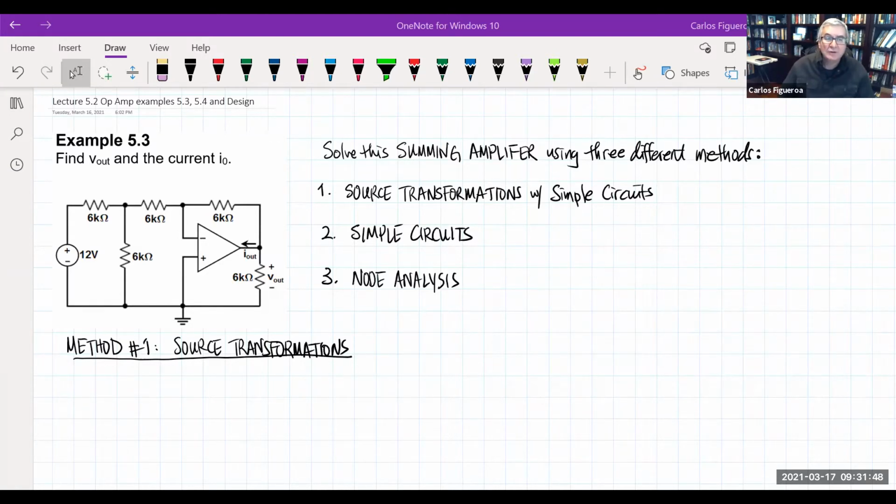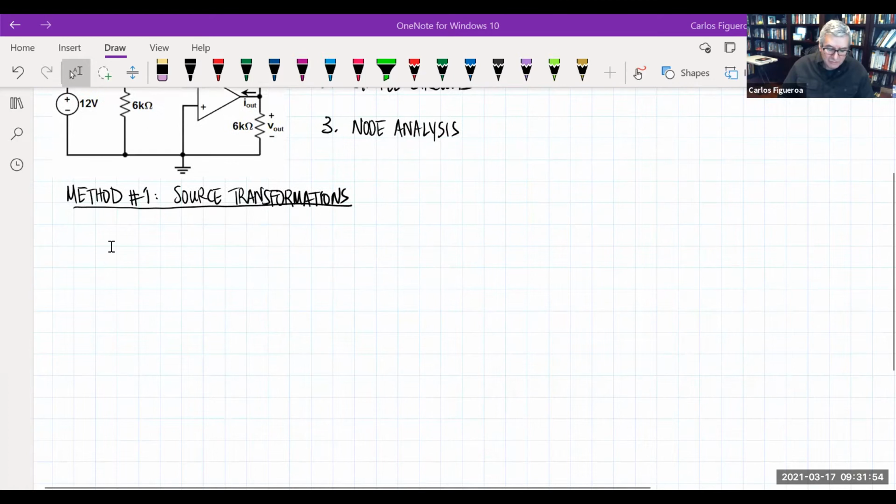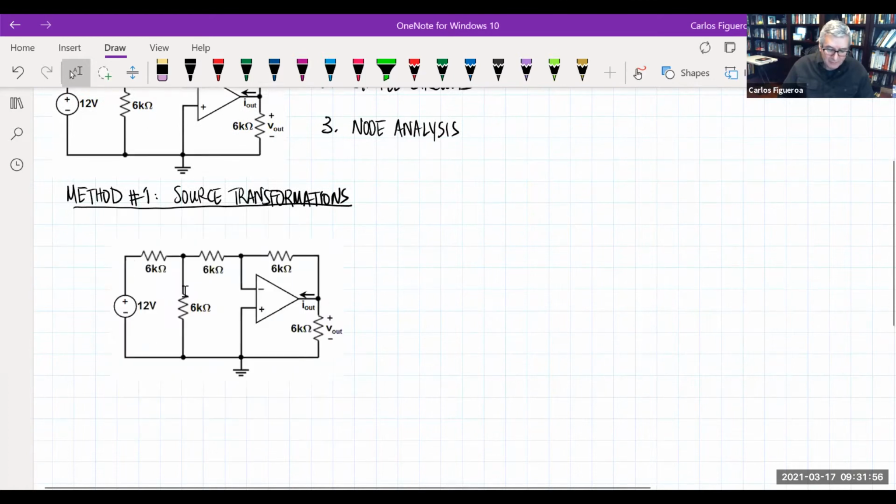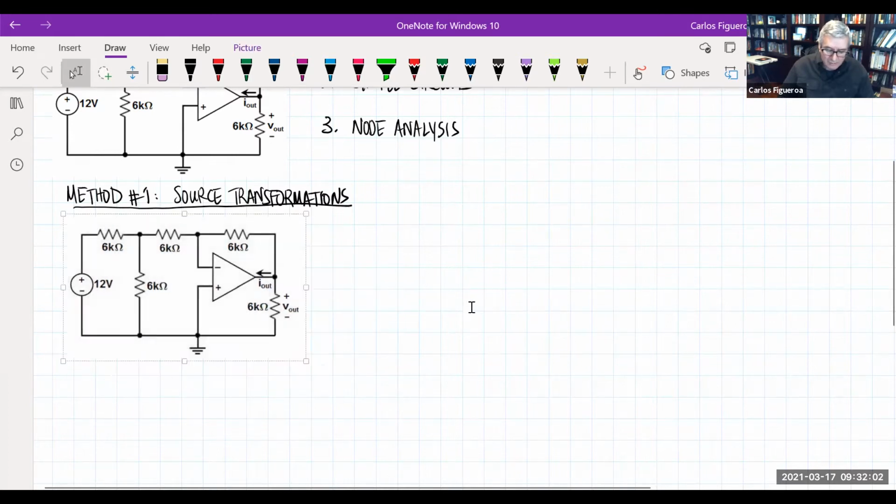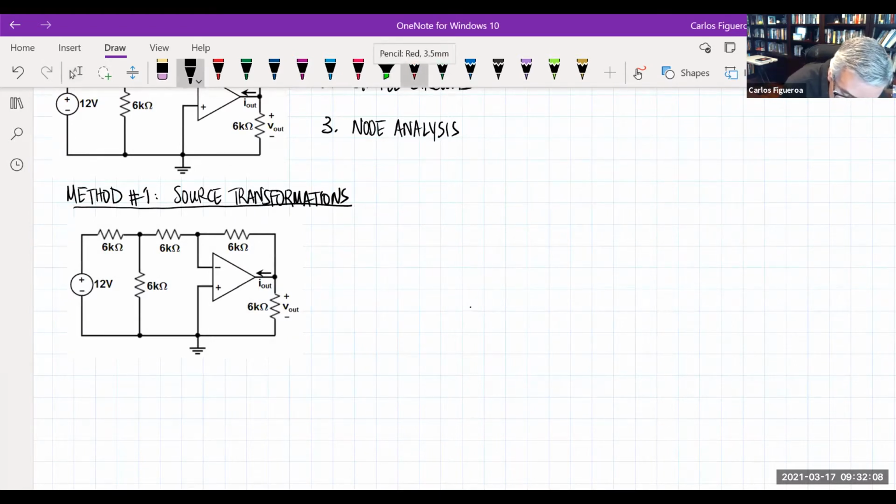So the first one that we want to do here is with source transformations. To do that, I'm going to go get a copy of the circuit, and we want to use source transformations here. These are totally legit on these circuits. When I look at the circuit, you can see right here I have a resistor in parallel.